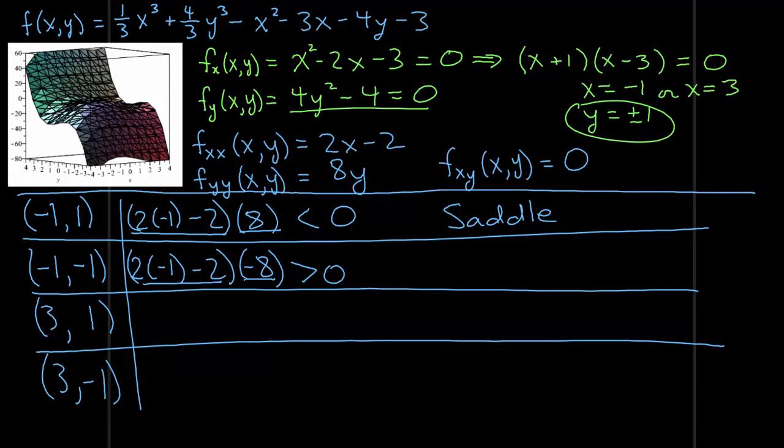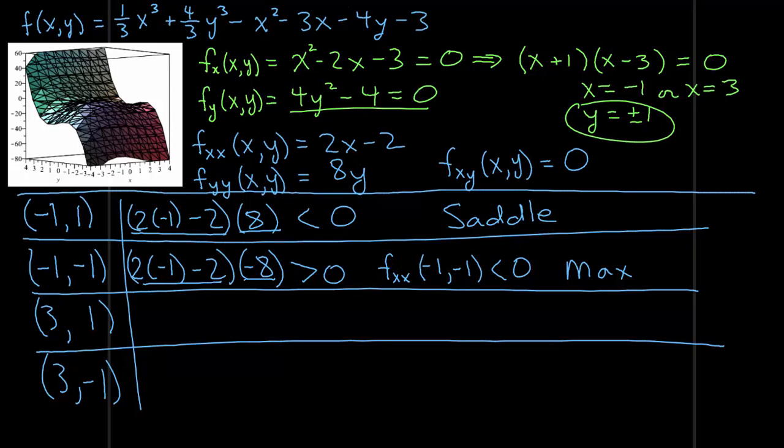Now, you'll notice that fxx of negative 1, that is less than 0. So it looks like we have a max there, local max. Okay, so far we have a saddle and we have a max.